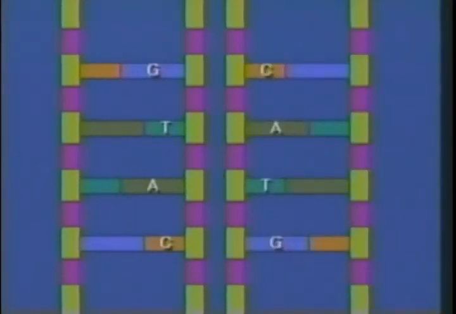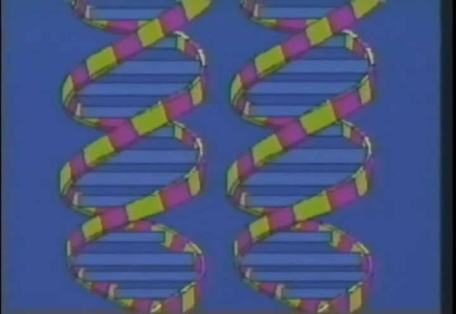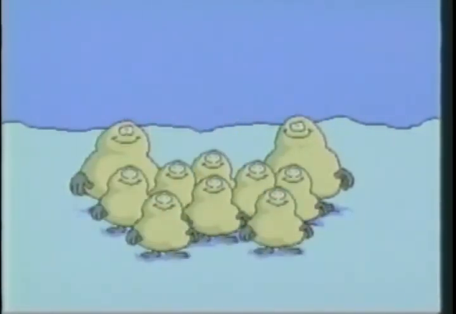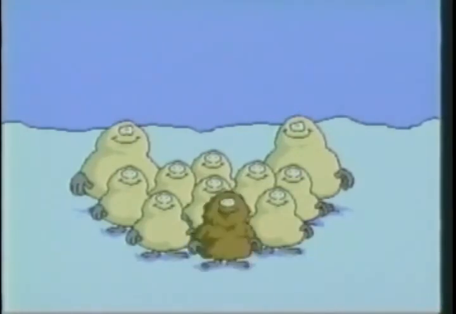During both meiosis and mitosis, the DNA ladder unzips. Each half of the ladder rebuilds its complementary side from chemicals in the organism. One DNA strand becomes 2 double helix molecules. This DNA replication is the foundation of meiosis, a way of reshuffling genes to produce constant variation.